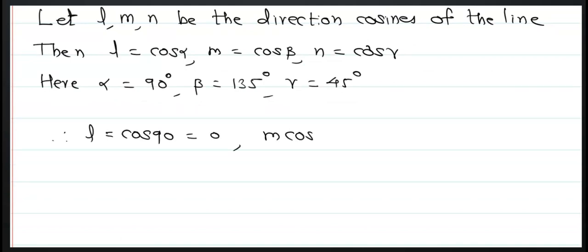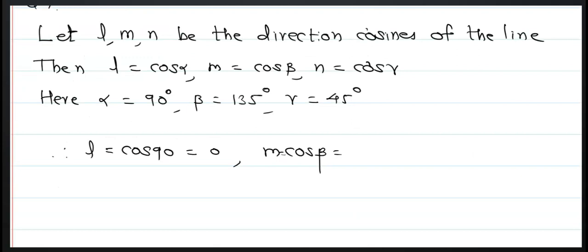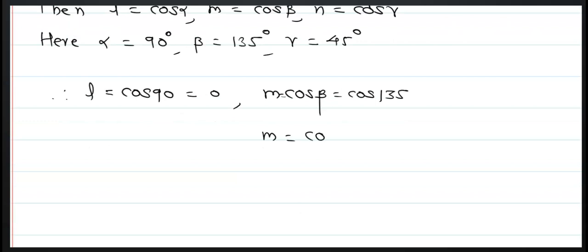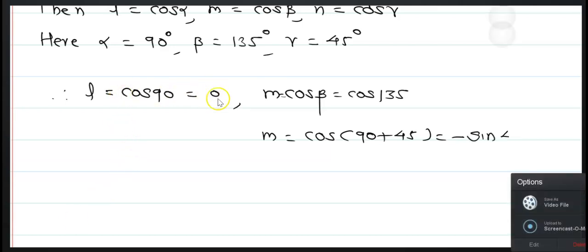l is equal to cos 90, m is equal to cos 135 and n is equal to cos 45. Now cos of 90 is 0. And m is equal to cos beta, that is cos 135, which is cos of 90 plus 45. Whenever there is pi by 2 plus theta, the function changes: cos becomes sine, sine becomes cos. But now this is in the second quadrant, so it has the negative sign.